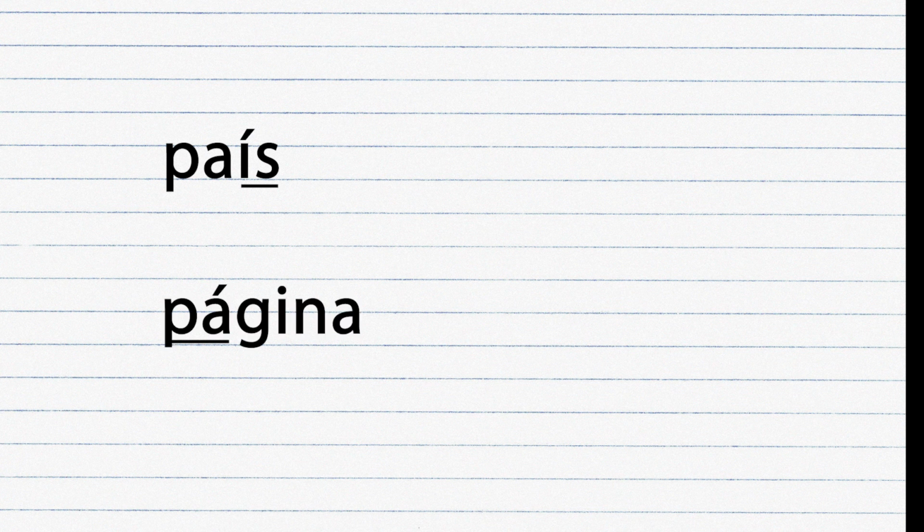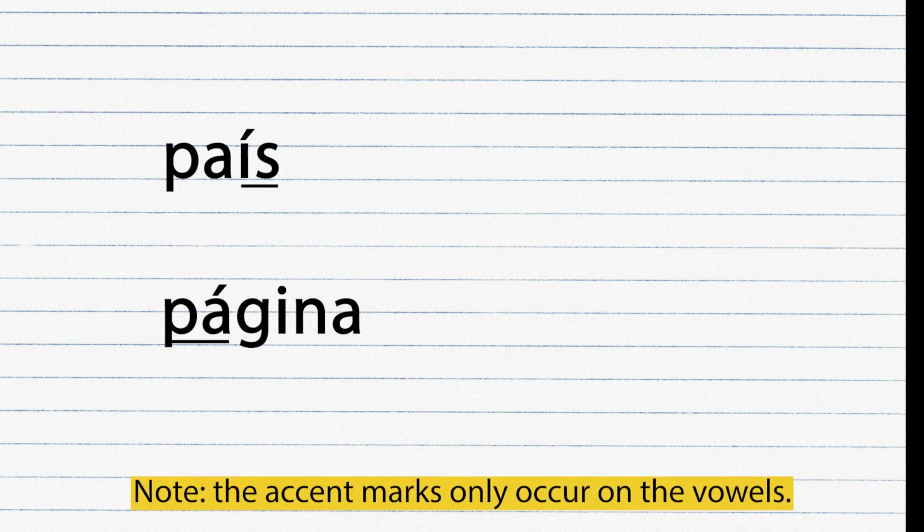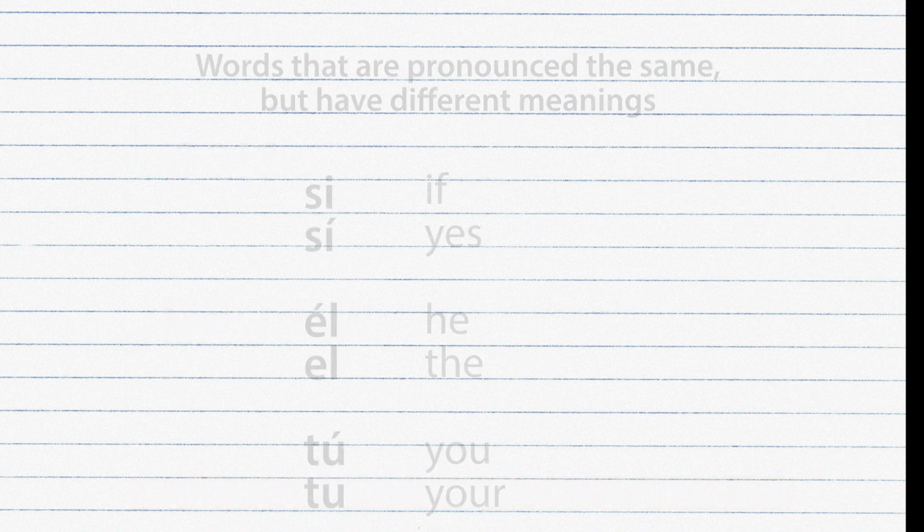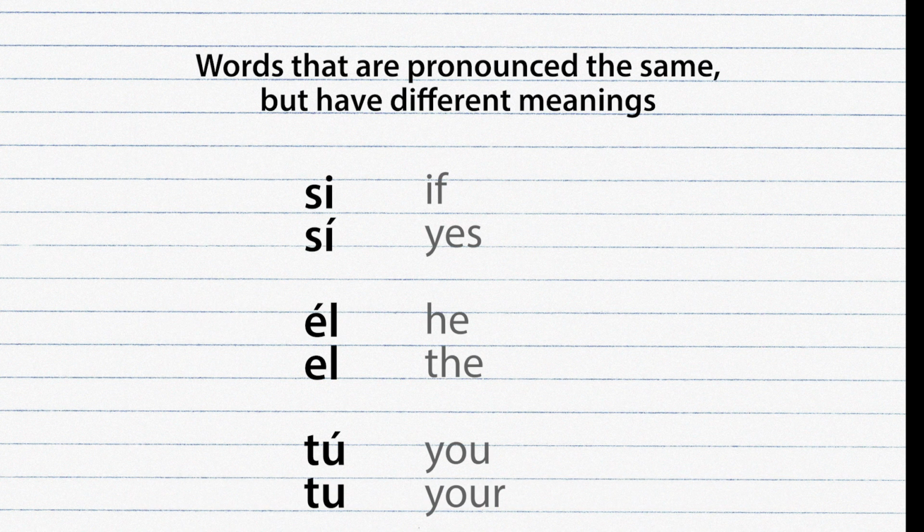Another example, página. This word has three syllables. If it followed the rules, the stressed syllable should have been the next to the last. And the accent marks only appear on the vowels. Another important use of accent marks is to differentiate between words that are pronounced the same but have different meanings.